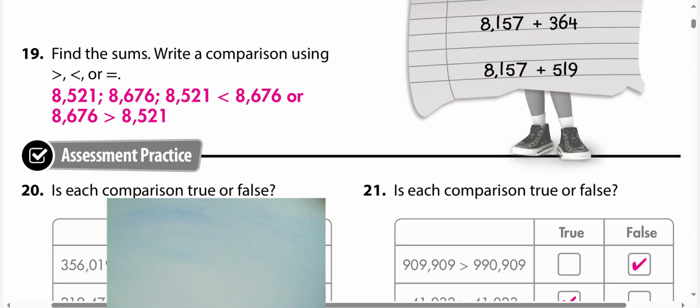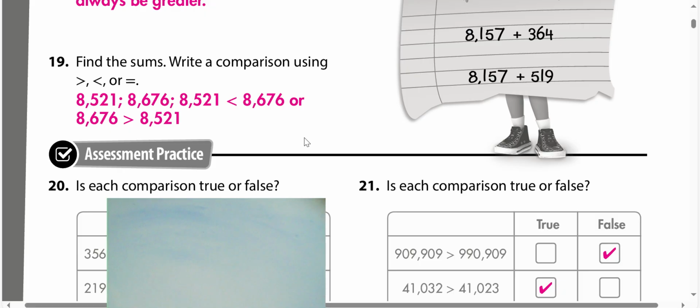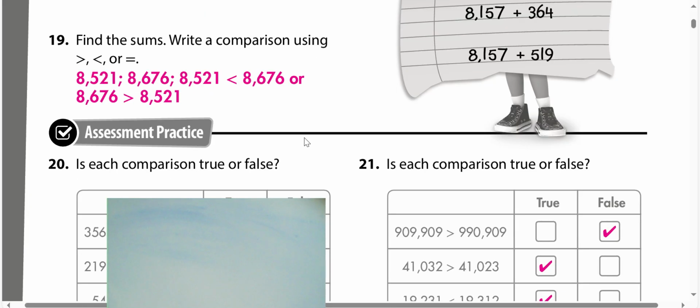Find the sums, and write a comparison using more than, less than, or equal to between two numbers. We can compare two numbers like this: 8676 greater than 8521. You can find the result between two numbers.